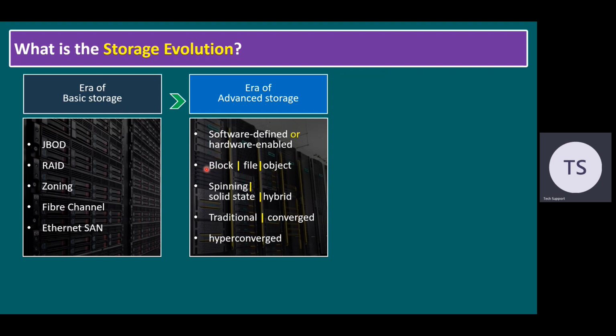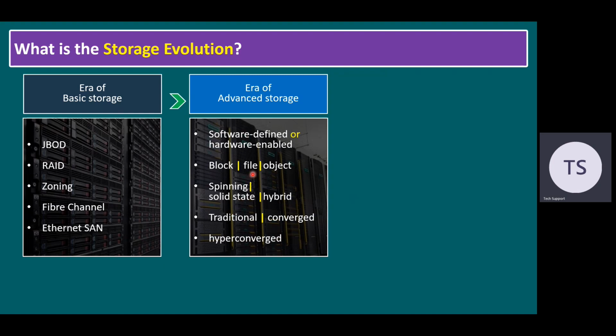I explained the importance and differences between file, block, and object storage in our previous session. Just in case you have not attended that session, you can refer to our previous video from our playlist tab. And we can also prepare volumes of spinning disk, solid state disk, and also hybrid, which is a mix of multiple disks.